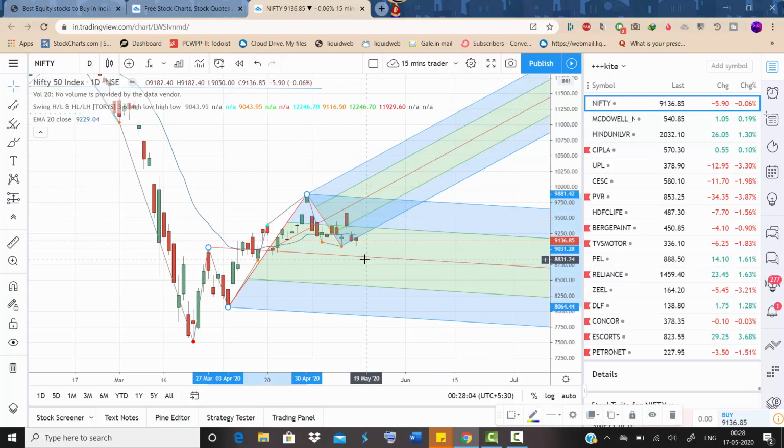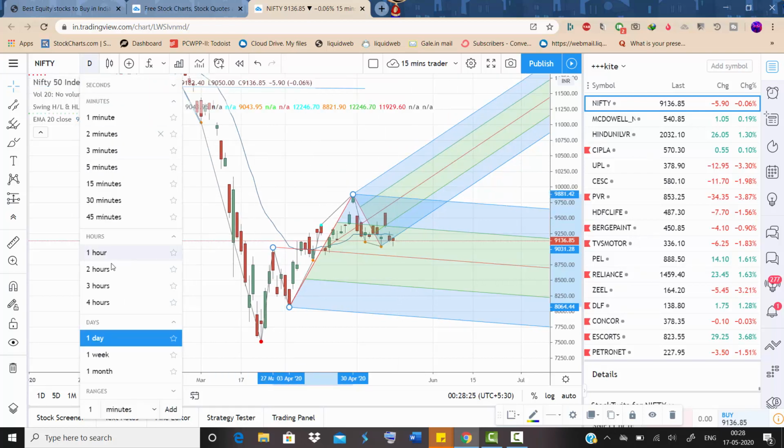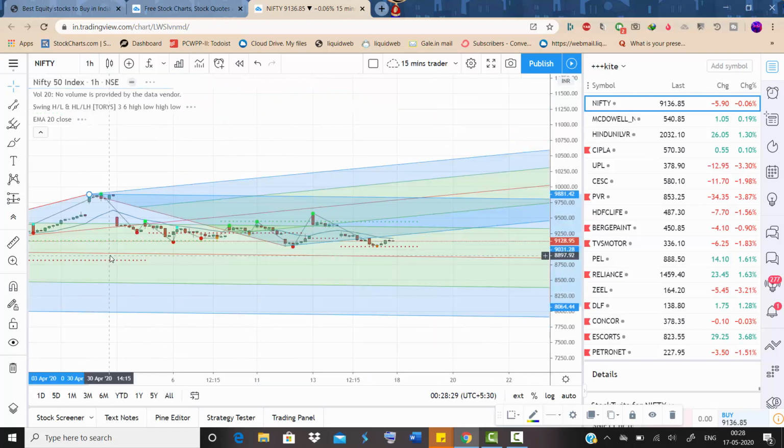So it would come, test here, can go back and retest these highs and it can come back. So what you need to do is wait for the stock to retest these highs and just sell. You get this strong downtrend. So on the daily chart it may look boring, but on the hourly chart you can use the same method for intraday trading also.